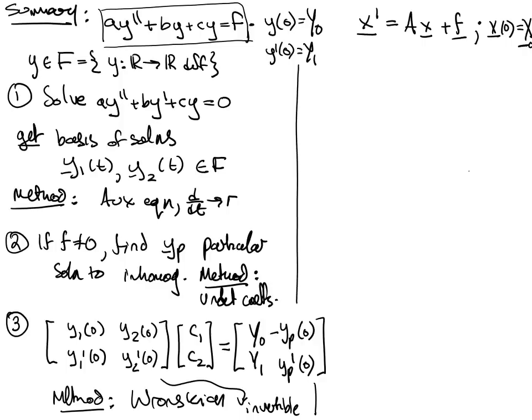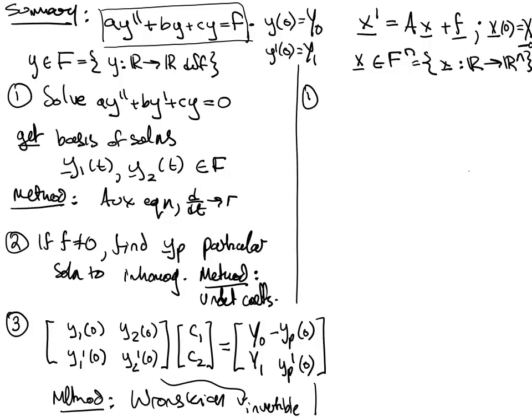So again, this had 3 steps. And again, I should say this time the one difference is we're not looking for a real valued function, we're looking for a vector valued function. So let me call this vector space capital F to the n. This is the space of all functions from R to R^n. Okay, so that's one difference. Previously we were looking for a scalar valued function, now we're looking for a vector valued function.